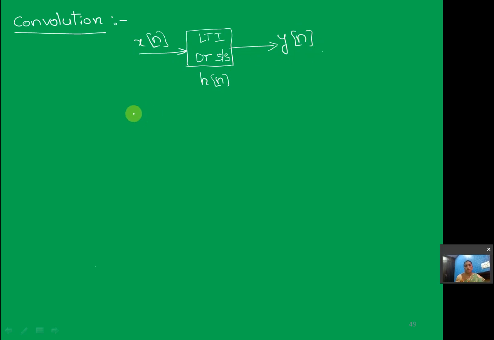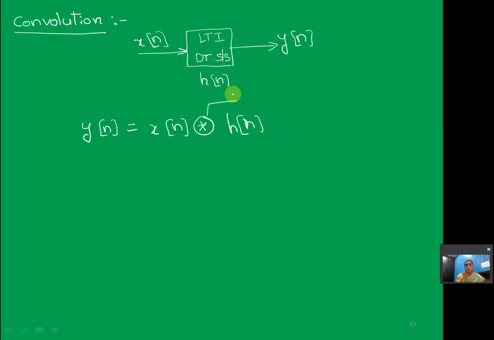Consider like this. To determine y of n based on the input and system response, y of n is determined by convolving x of n and h of n.